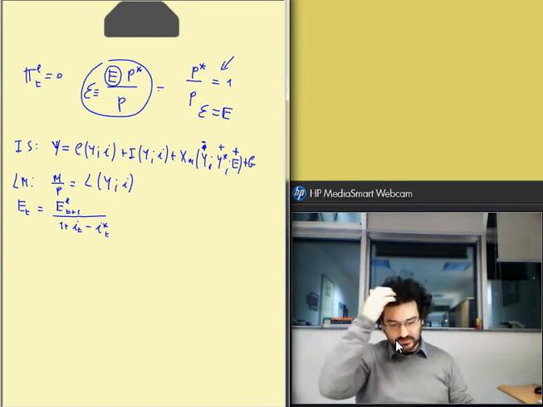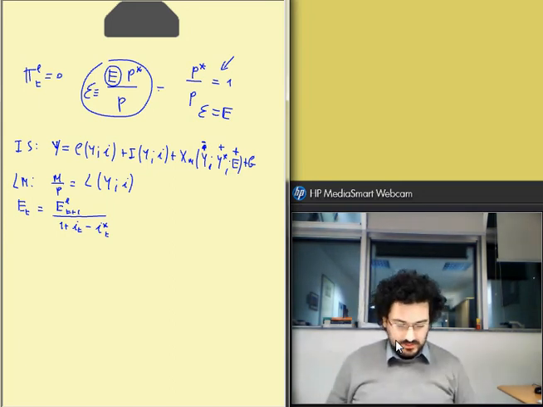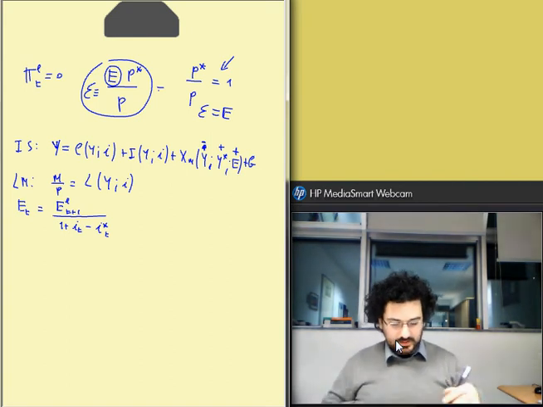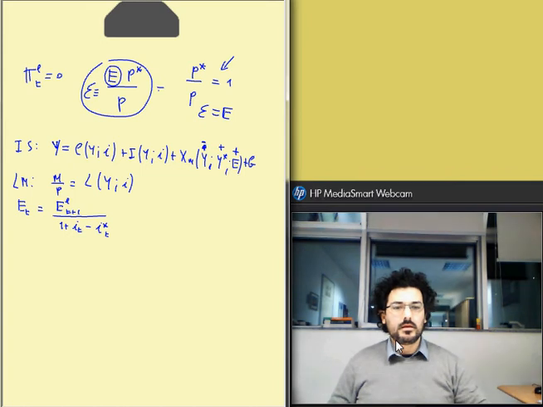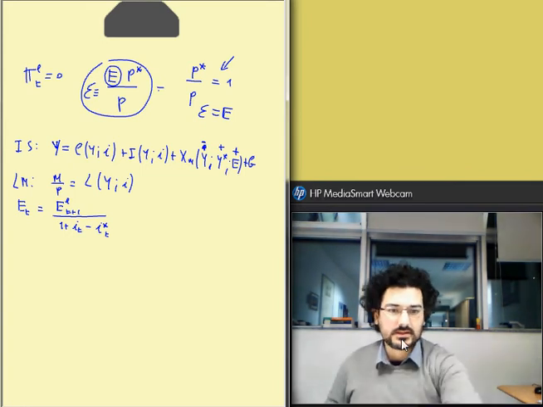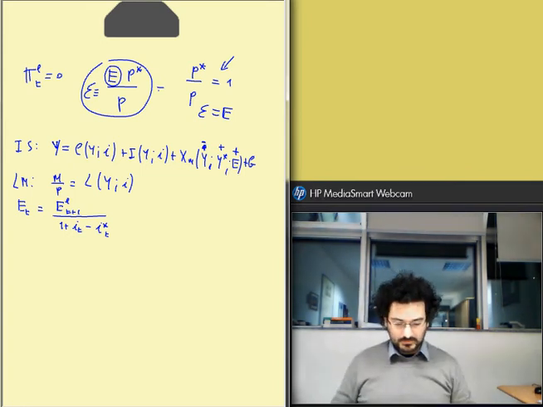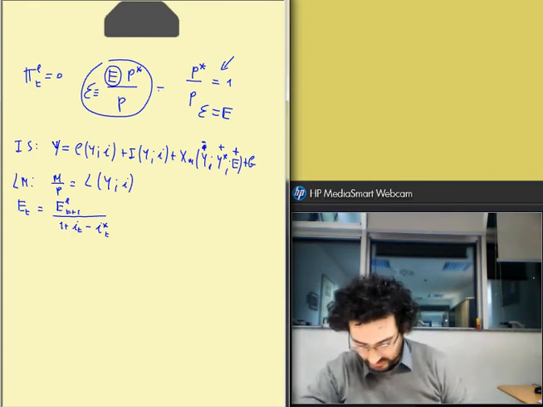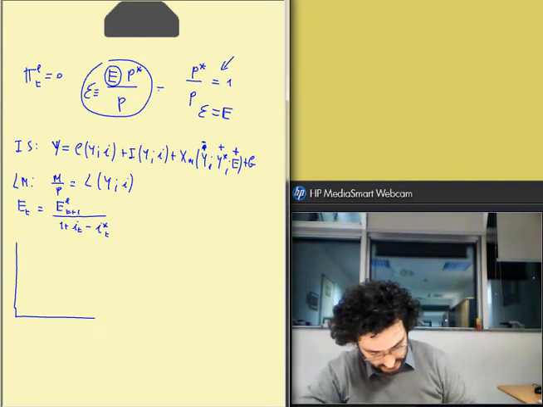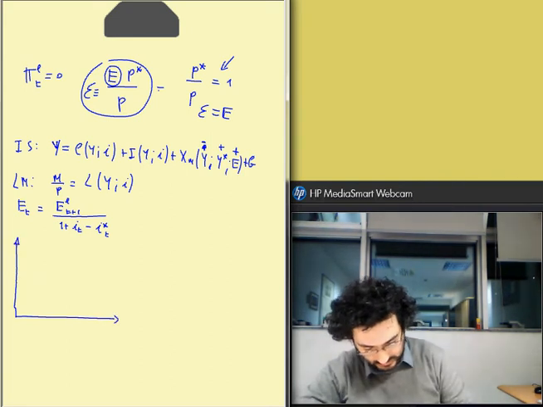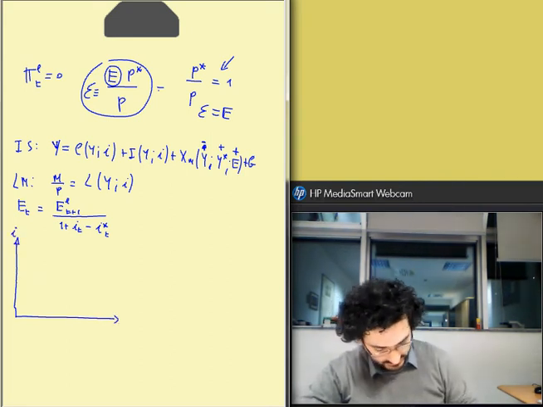Now, using these three equations, we can observe the effect, for instance, of an increase in government expenditure. So in this case, we have the standard IS-LM model, with the nominal interest rate and income.